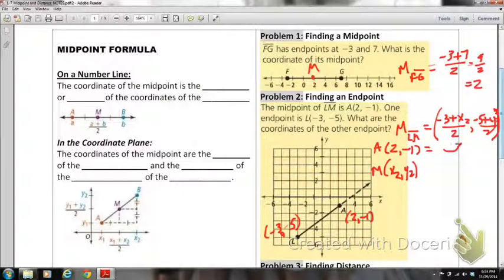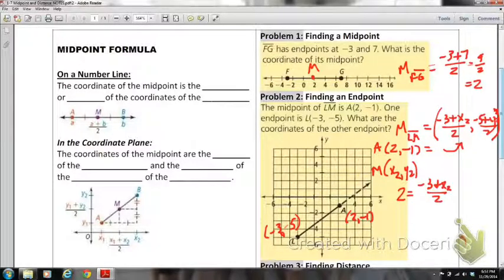It's equal to these two coordinates that we have set up. So we have to separate these. The x coordinate of your midpoint is 2. So the x coordinate of A is 2. So we need to set 2 equal to the x coordinate of your midpoint that you set up, which is (-3 plus x sub 2) divided by 2.